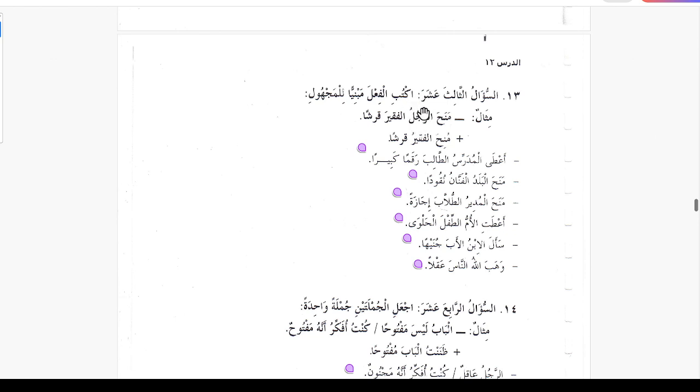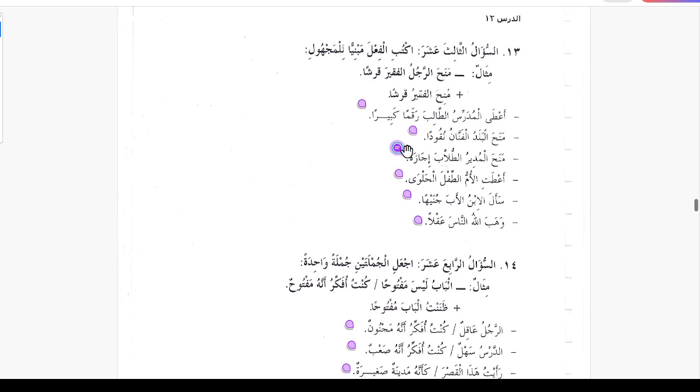So this is out, and al-fakira becomes al-fakiru. So the poor person was granted karshan, some karsh, some money or some coin. So now we see that there is no fa'il. We don't know who granted, but because that is not important, the important thing is that the poor person was granted some money. So this is how that active and passive form work.